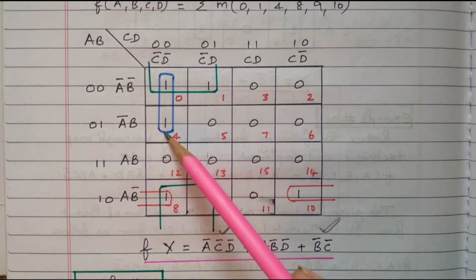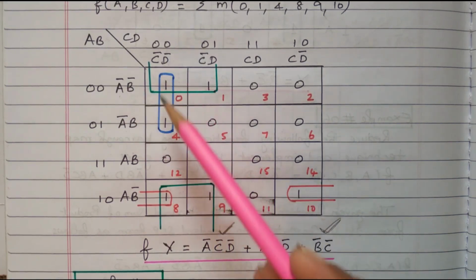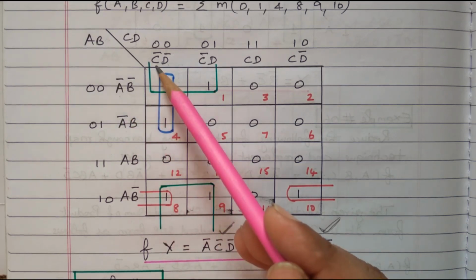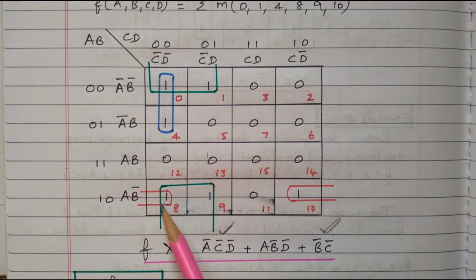While grouping these two terms, we have to verify these two terms horizontally and this one term vertically. While verifying these two terms horizontally, this B bar got cancelled, only we have A bar, then C bar, D bar. Now these two cells, we have to verify the combination: A, B bar, there is no cancellation.